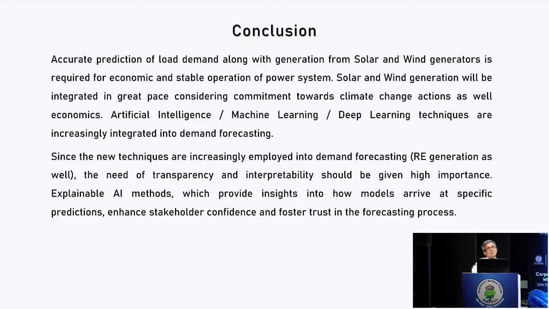We can use it for automated distribution system, distribution management system. We call it ADMS. So there are scopes for using these technologies. I think that's all from my side.